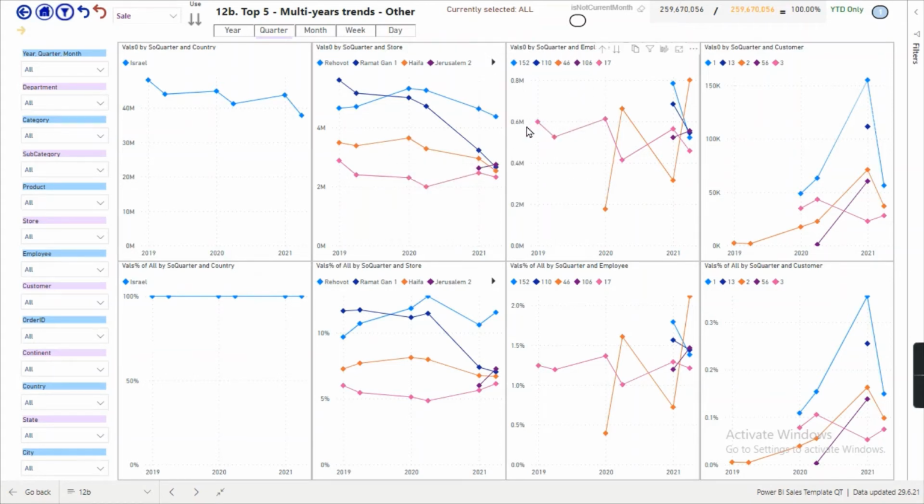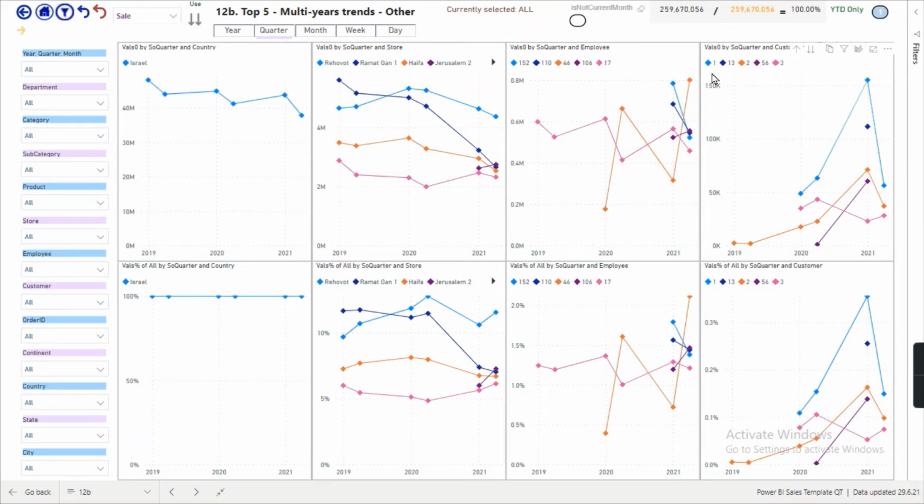Employee, as you can see, many employees have a short life in the chain, less than 1 year, but they're still in the top, so they do a lot in a small time. And 2 employees are multi-years. We have their name here.